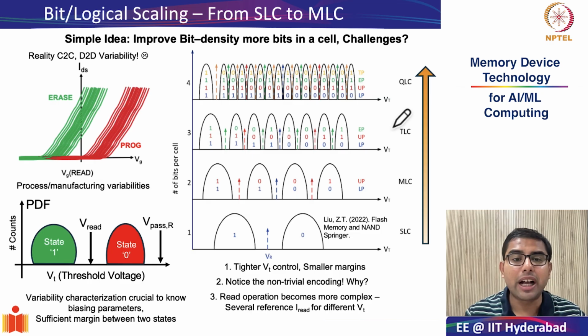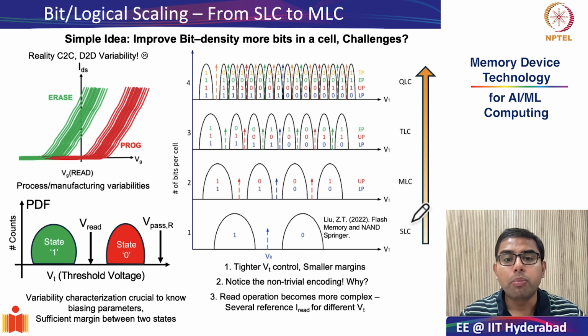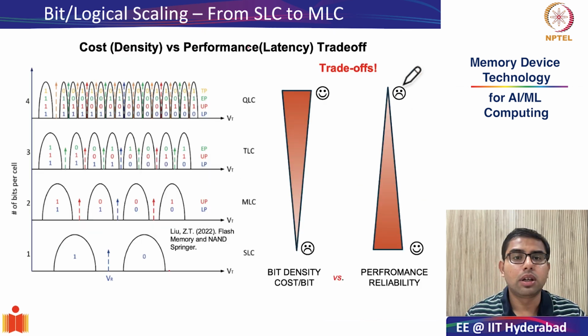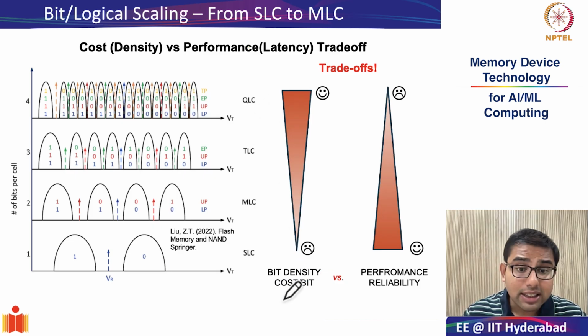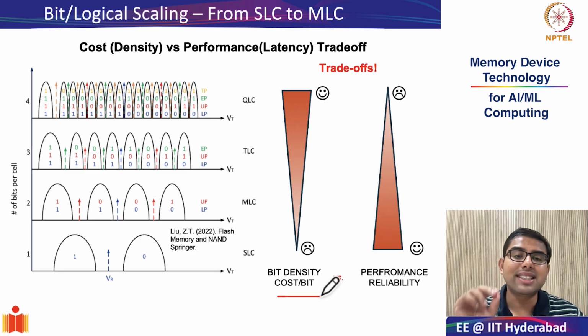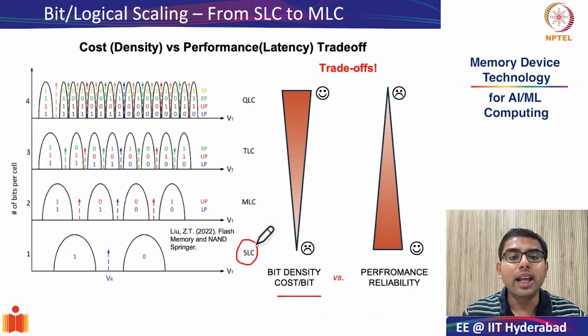Just like the read operation becomes more complex, you would also anticipate that the programming operation will become more involved, and this will result in a significant amount of latency when we move from SLC to QLC. This is what we have indicated in this particular schematic: as you move from SLC to MLC to TLC to QLC, you get an advantage of bit density and therefore cost per bit, because in the same footprint where you were first able to store only 1 bit, now you are able to store 4 bits.